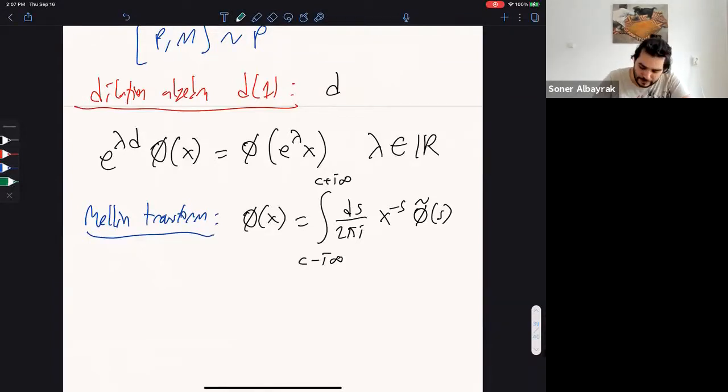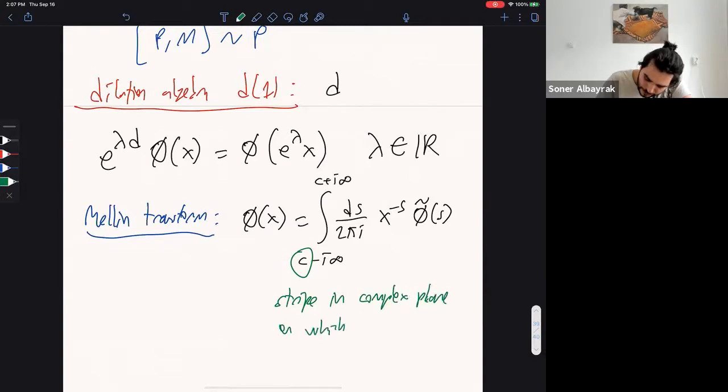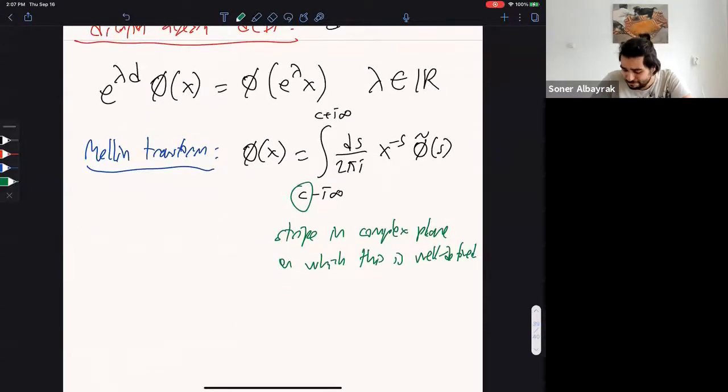These numbers c depend on the locations of the poles of the function phi of x. So technically, you can always find a stripe in the complex plane on which this is well defined. You need to make sure the poles are at the correct places, to the left or right of the stripe. I personally don't know the details that much, but you can do this basically.